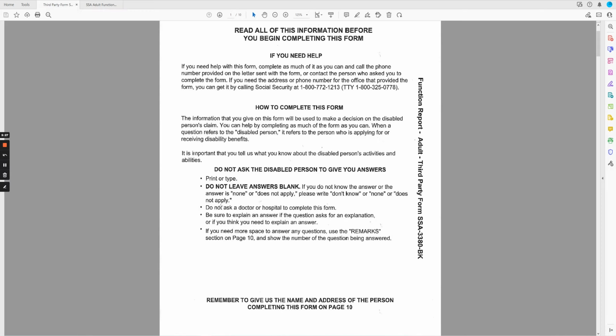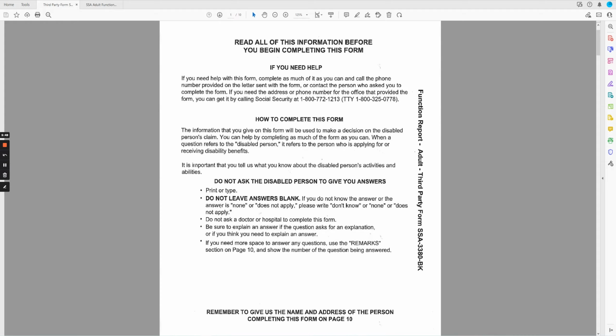The third thing I want to talk to you about is Social Security and disability. In the simplest of terms, one of the things we're trying to prove for our clients is that they are unable to work and sustain full-time employment. Being disabled by Social Security's definition is directly related to your ability to work.